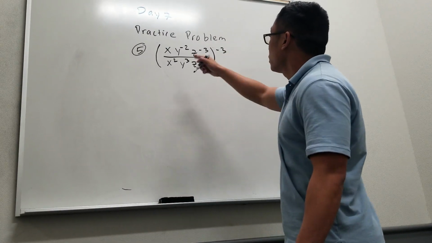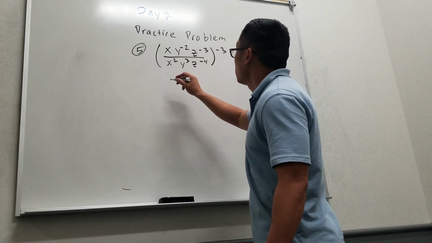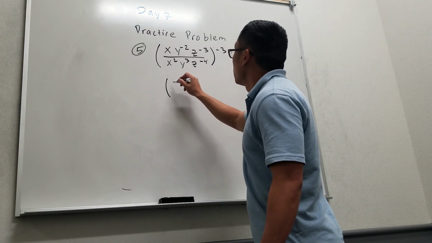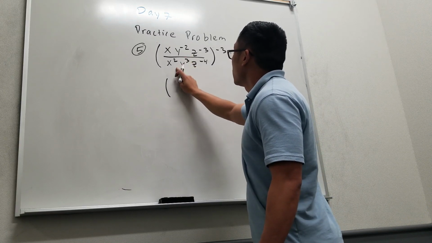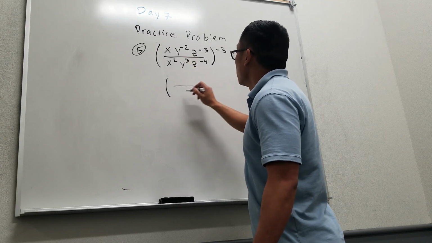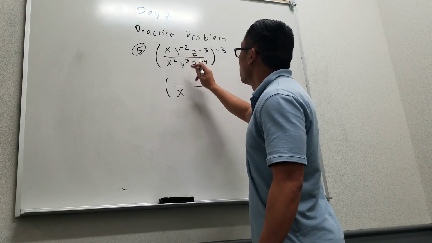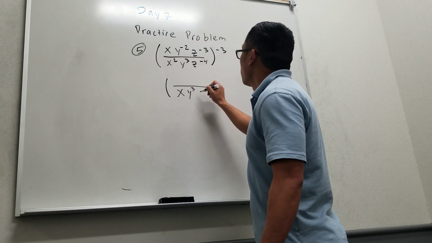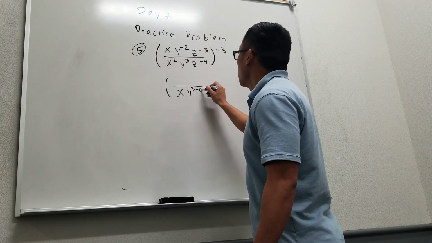Okay, alright, so now this, I want to do the order of operations, the inside first. So what's going on? I noticed there will be x here on the bottom, right? This will be what? Y cubed minus -2.